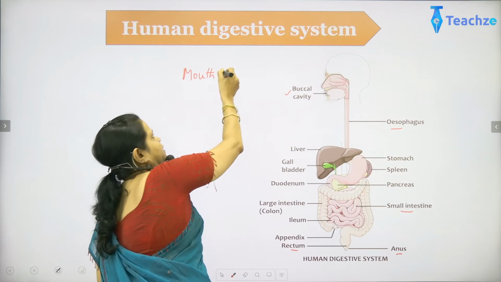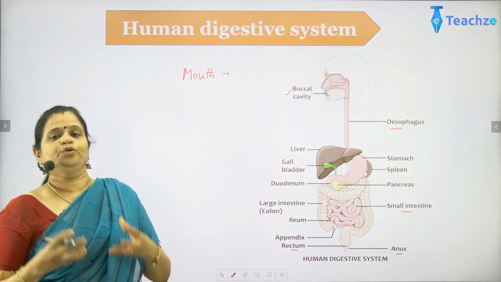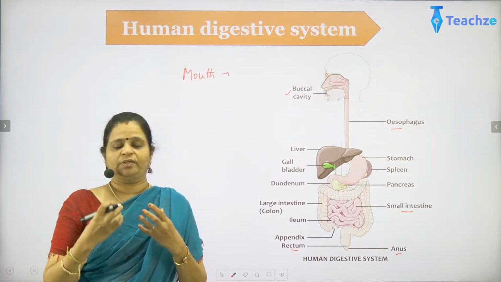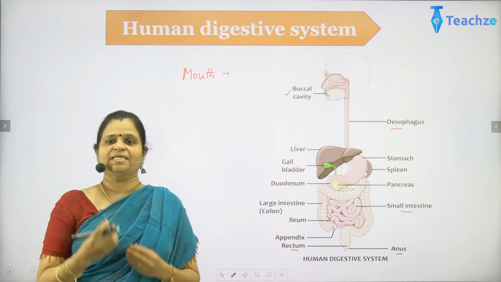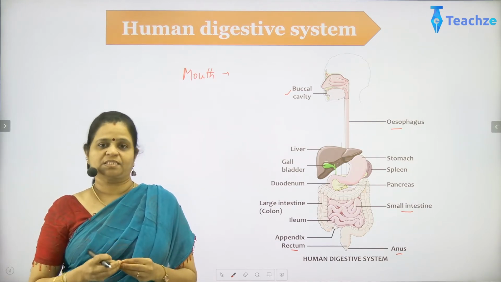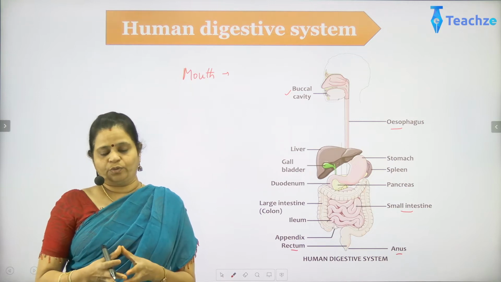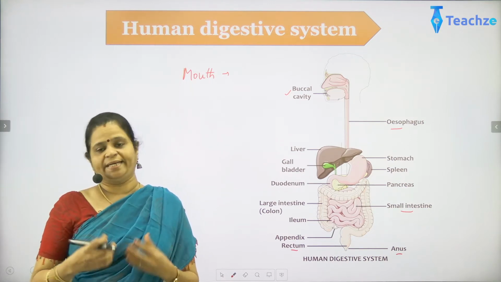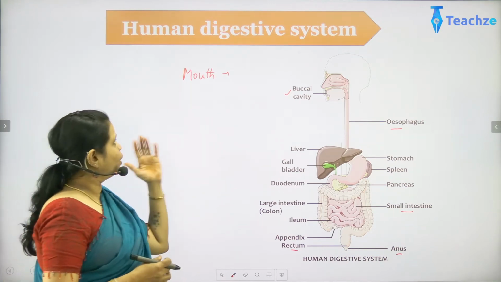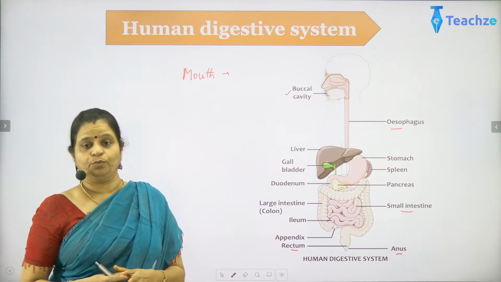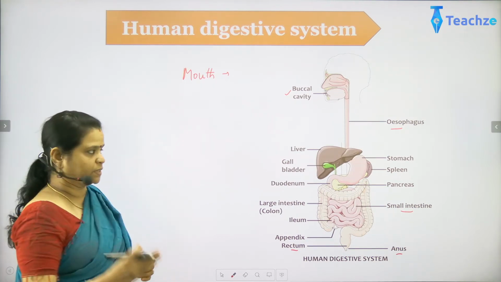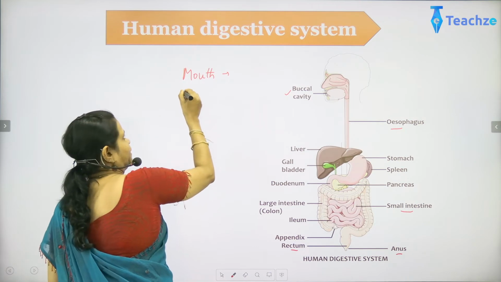Coming to the first part, that is the mouth. You all know that food is put inside the mouth and then chewed down into a soft substance so that it enters the esophagus. Now what do we have in the mouth region to make that food into smaller particles? The first thing we'll look at is the teeth.